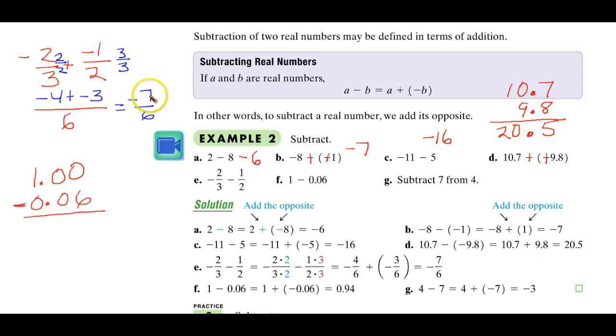Now in this form, it's what we call an improper fraction when the numerator is larger than our denominator. So we can convert that, if we'd like, to a mixed number. 6 goes into 7 once. There's 1 left over. And the whole thing is negative.